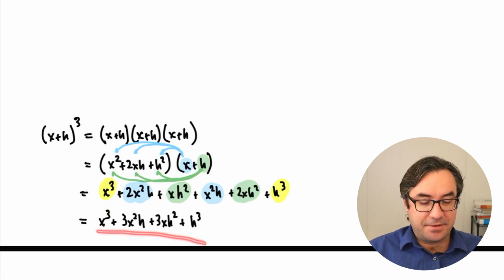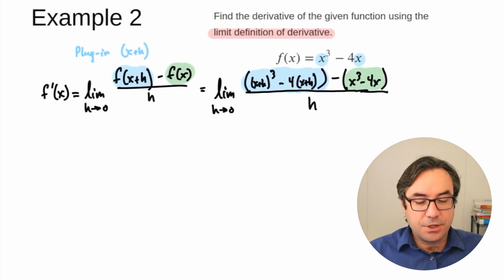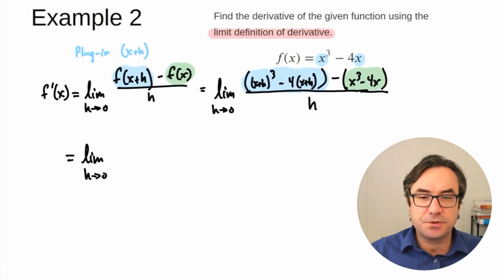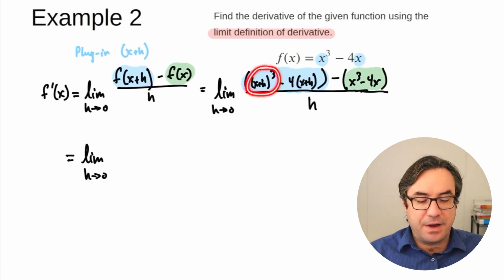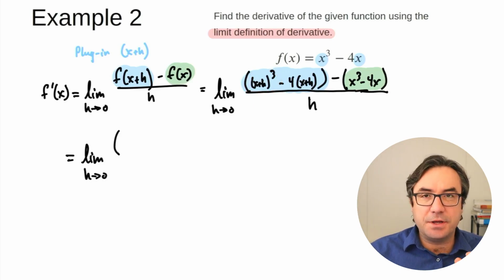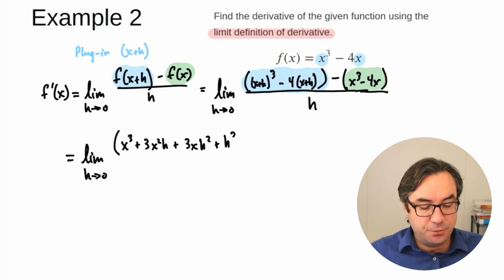So now let's take this and go back up to our problem. Our limit calculation: we're doing the limit as h goes to 0. Let's fill in what we found for that x plus h cubed, and again, let's keep it all inside a nice big set of parentheses. So we'll have our x cubed plus 3x squared h plus 3xh squared plus h cubed.